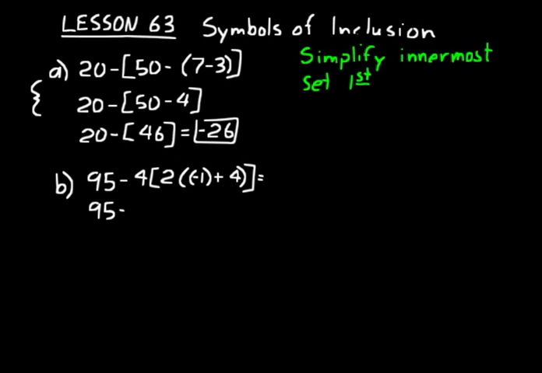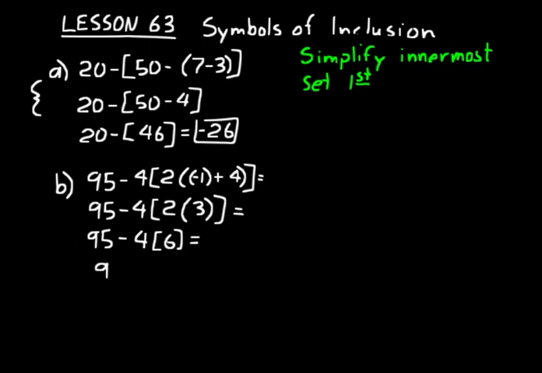We start with 95 minus 4, bracket 2, and then we have a minus 1 plus 4 there. So we visualize a number line. To the left 1, and then back to the right 4 would put us at positive 3. And then 95 minus 4 times 2 times 3, that would give us a 6.